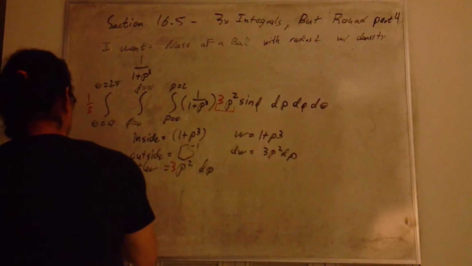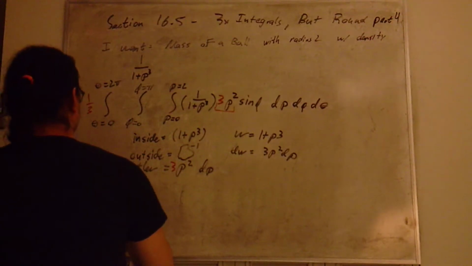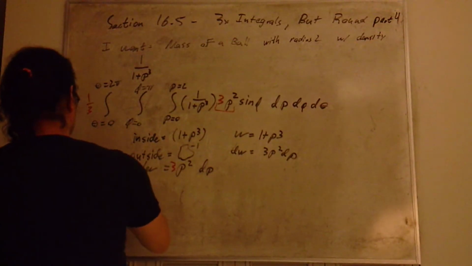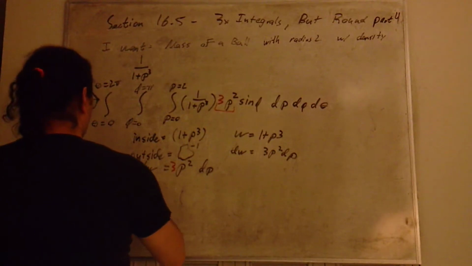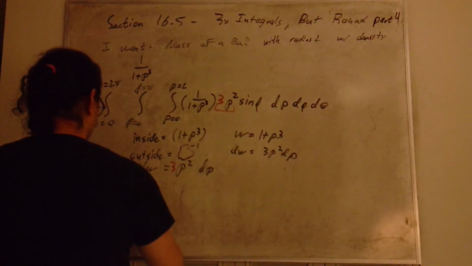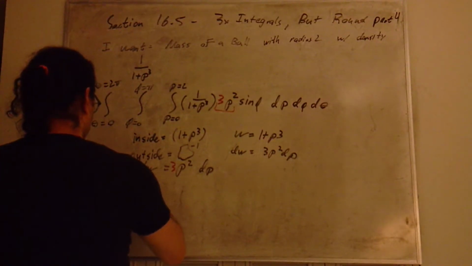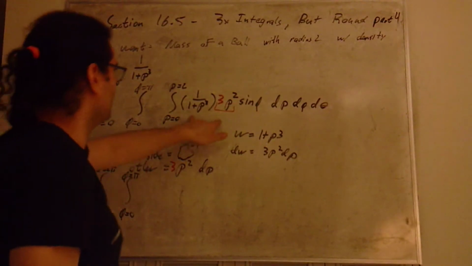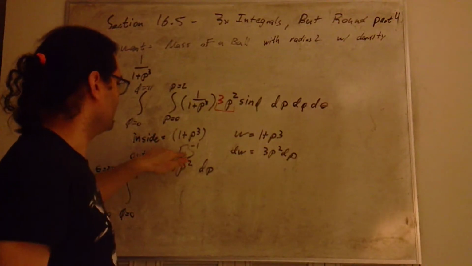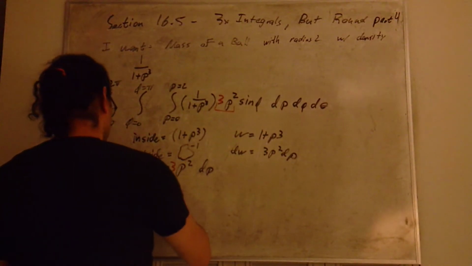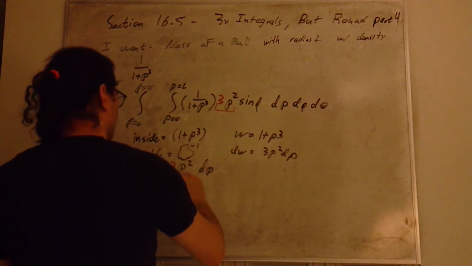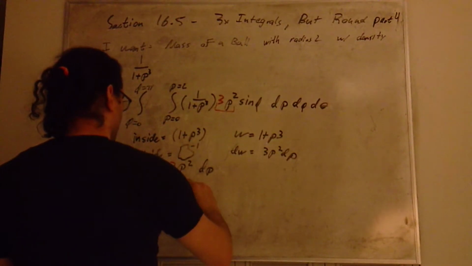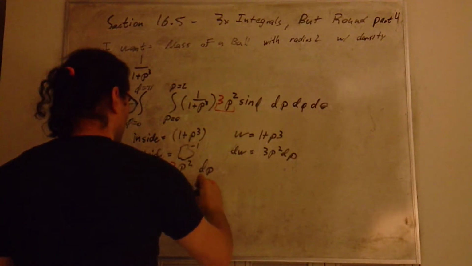The 1/3 stays on the outside. The integral theta goes from 0 to 2 pi. The next integral phi goes from 0 to pi. This integral, we said, is the integral of w to the negative 1. So that's going to be the natural log of w, 1 plus rho cubed.